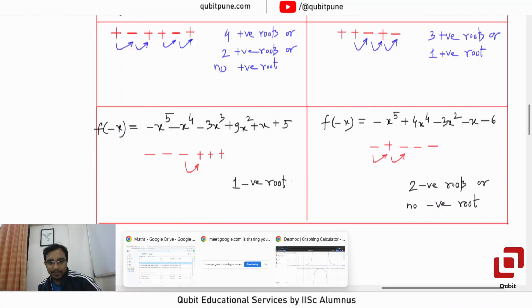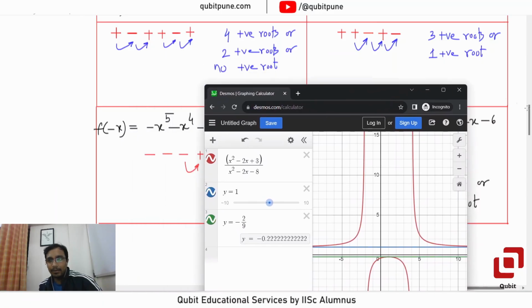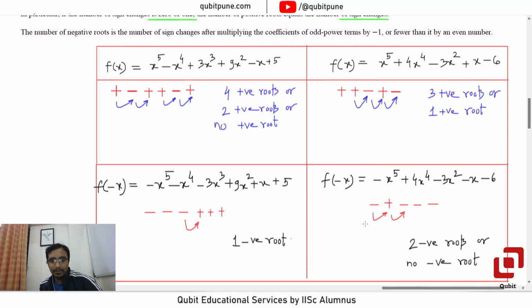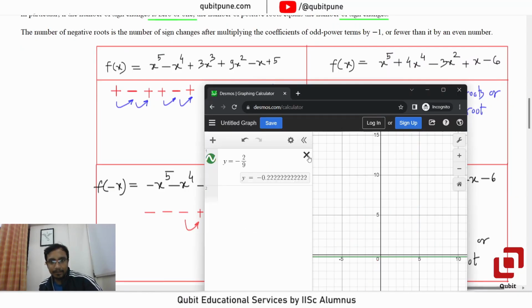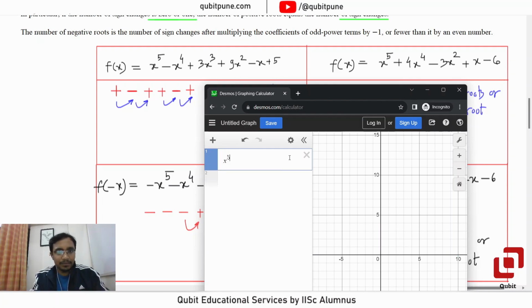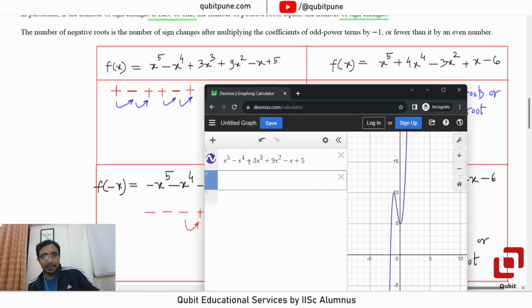Alright, let's go to Desmos now and plot the polynomials here and verify them. First, x raised to 5 minus x raised to 4 plus 3x cubed plus 9x squared minus x plus 5.